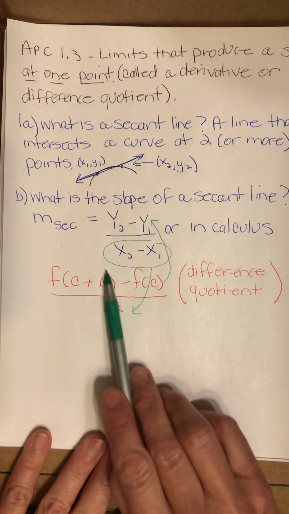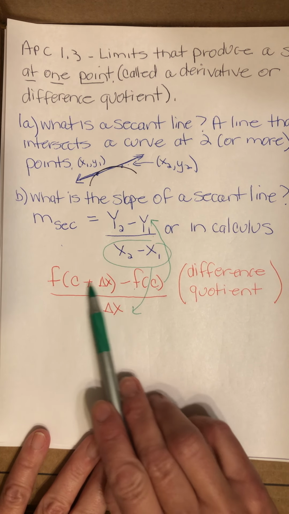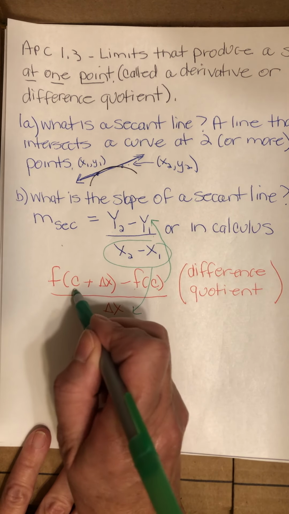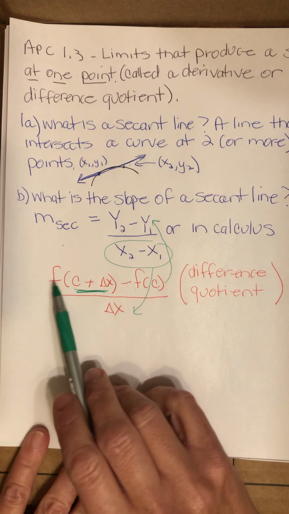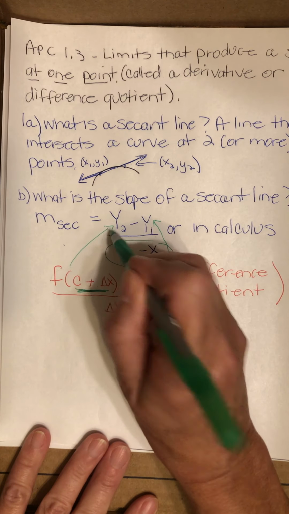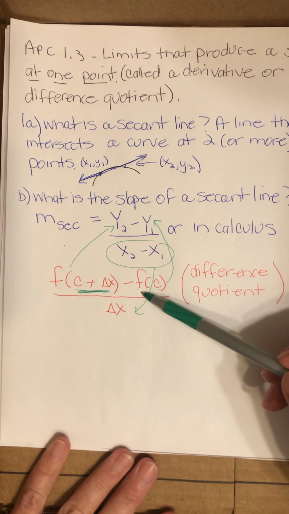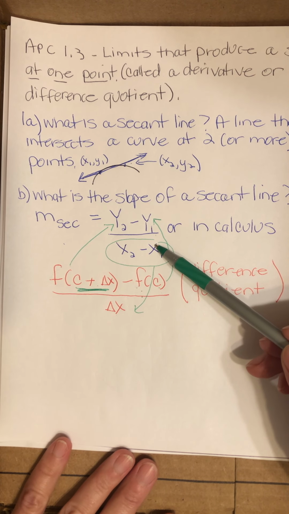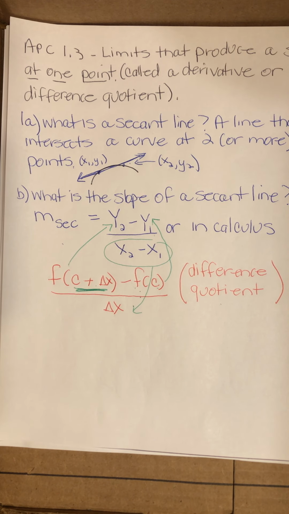In other words, if you have an x of c, and then you move a little bit, don't you have a new x? And when you put the new x into the function, you're going to get a new y, a y2. So this is the slope formula that you see above. It's just how we write it in calculus.